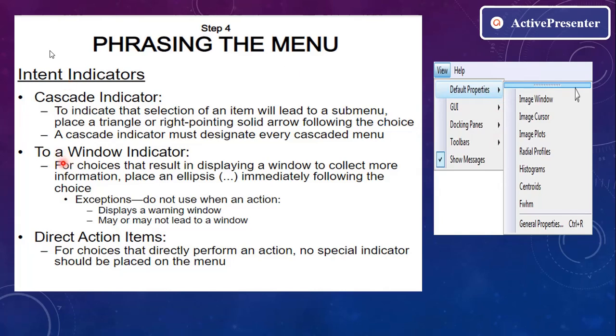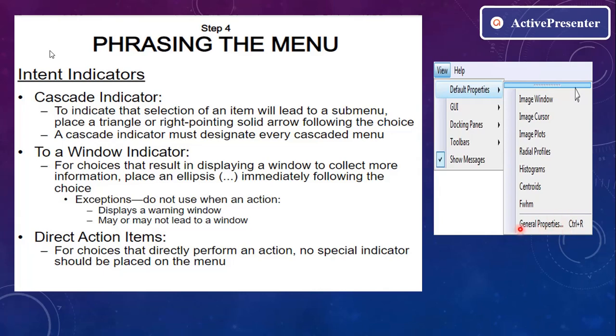Next we have the window indicator. For choices that result in displaying a window to collect more information, place an ellipsis immediately following the choice. For example, in this menu list you have general properties and then dots.